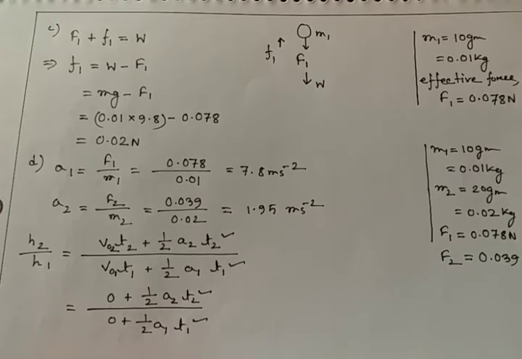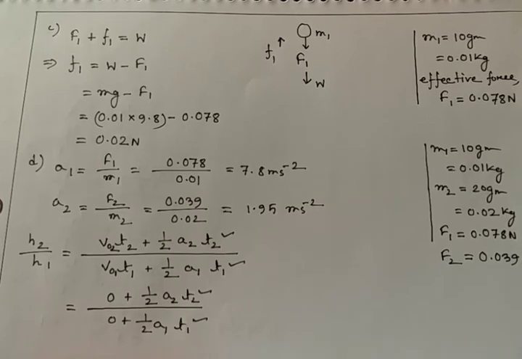Whenever there is frictional force, the applied force is the sum of frictional force and effective force, because due to frictional force some applied force is lost. So total applied force will be effective force plus frictional force.